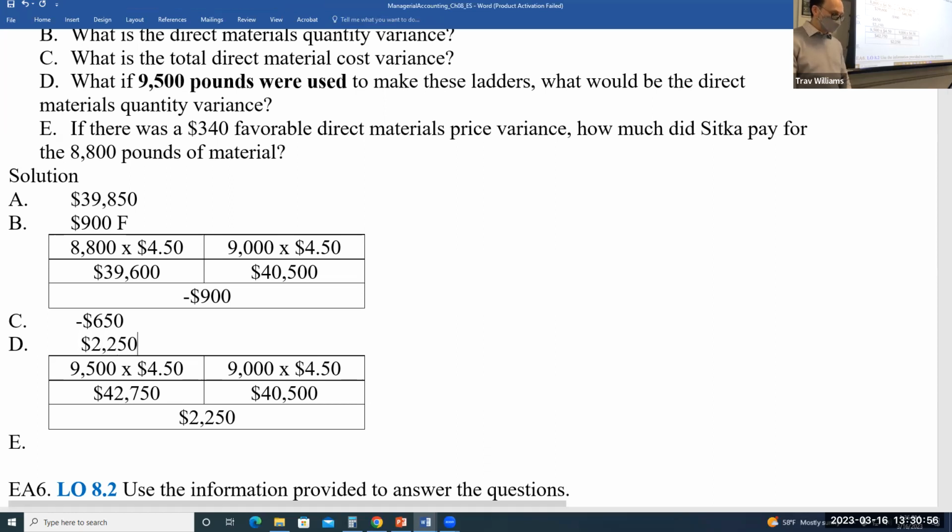Because it's positive, that means that if we used 9,500 pounds of material, that's going to cost more than the standard because we were really only supposed to use 9,000 pounds, right? So that's why we got a positive number, and it's an unfavorable cost variance.